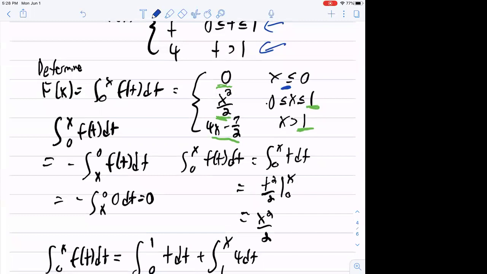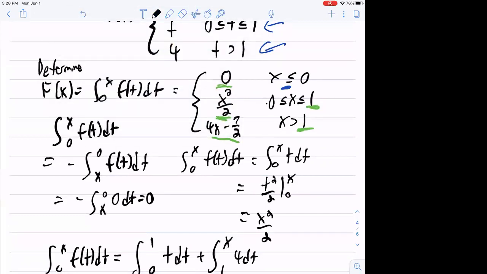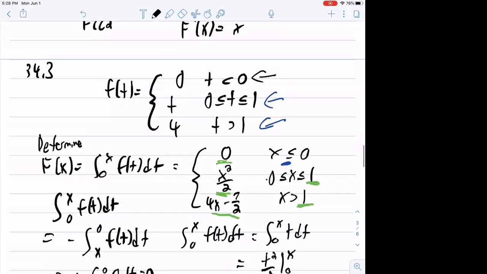But if I go from the right, I'm bigger than 0. Sorry, this should be less than. Either way, at 0 it's 0, because 0 squared over 2 is 0.